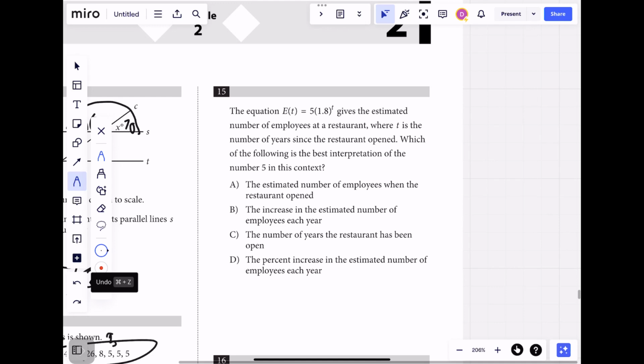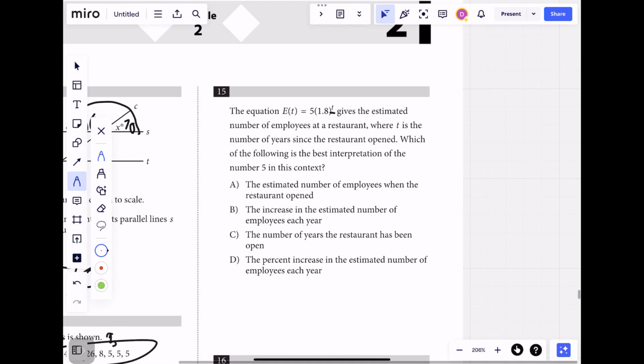The equation E of t equals 5 times 1.8 to the power of t gives the estimated number of employees at a restaurant, where t is the number of years since the restaurant opened. Which of the following is the best interpretation of the number 5 in this context? This is an exponential equation because it has t as an exponent. The first number is going to be the y-intercept. The second number is how many times bigger the next number is than the previous, and t is like x.